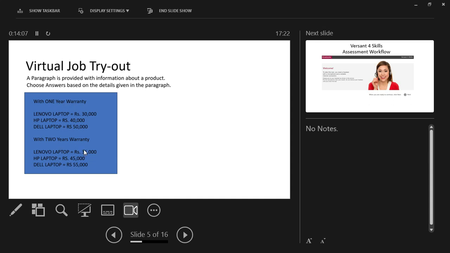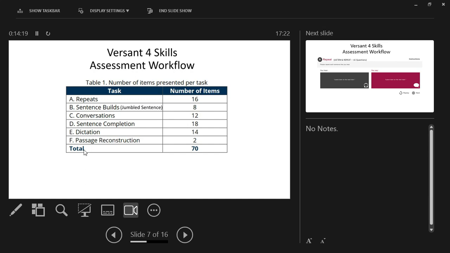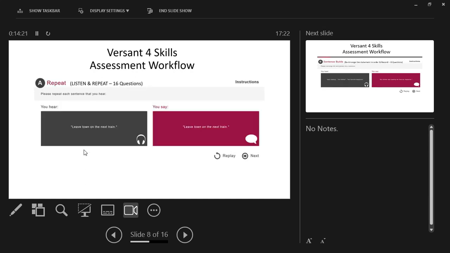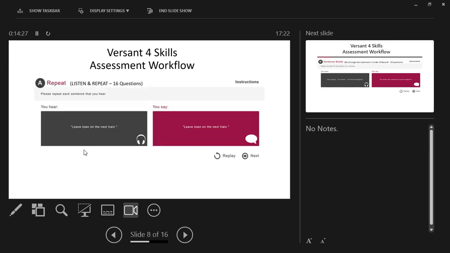Okay. Now let's say you have given this, you pass this, and then you go to the Versant round, right? So this is the actual Versant test from Amazon, and these are the questions one would have in the test. Okay, let me take you through this.